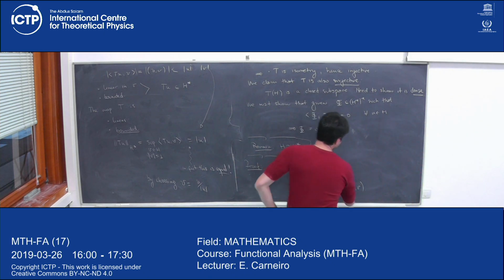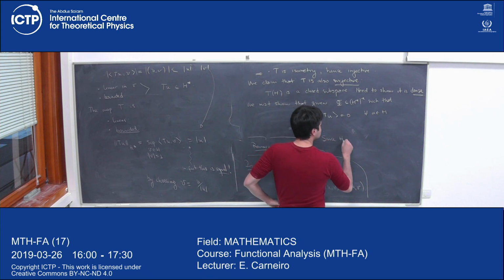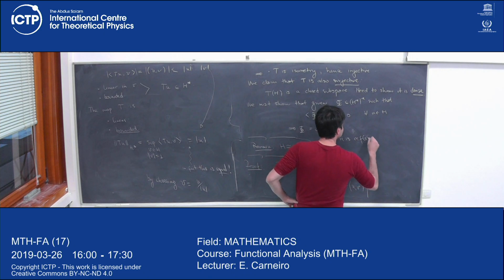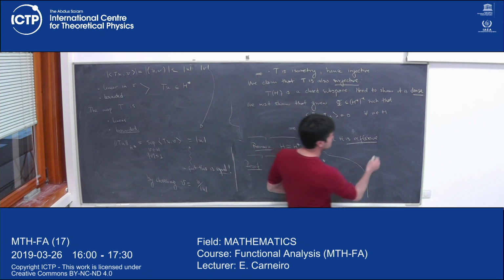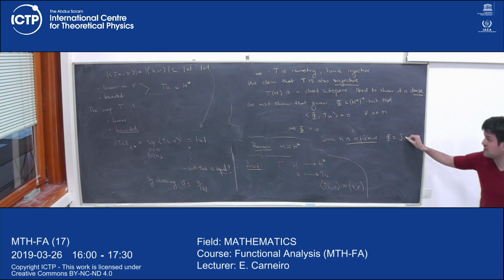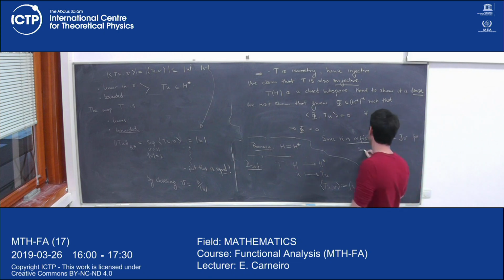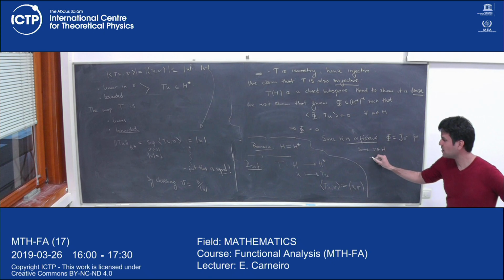Yes, exactly. Now we use the fact that H is reflexive. What do I know about this phi? Phi is J of somebody, J of v for some v in the space, where J is the canonical map that goes from H to H double star. So what is J of v acting on the functional Tu?